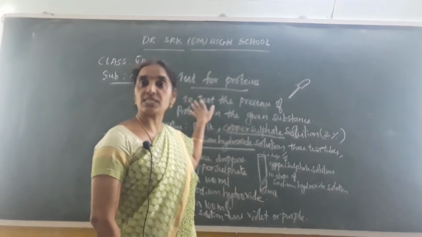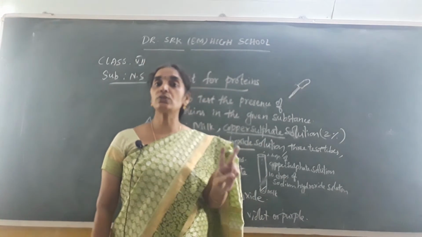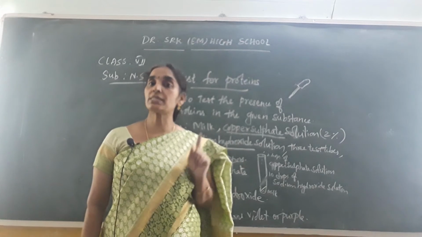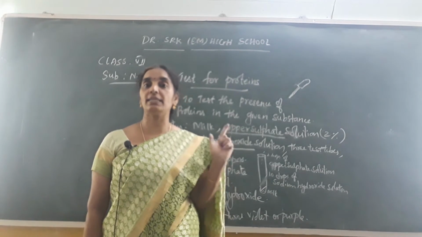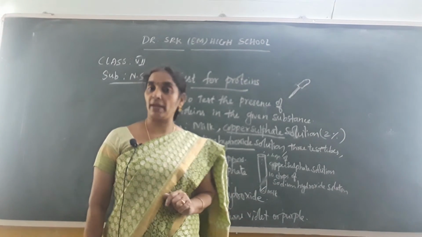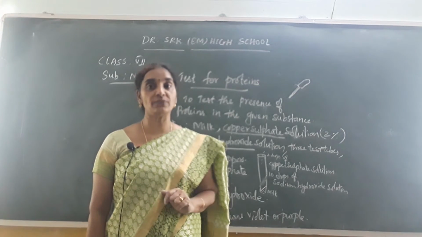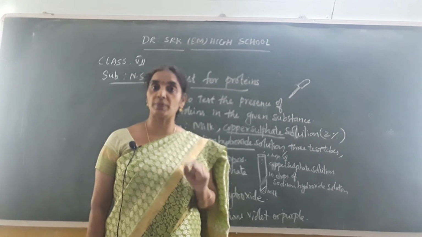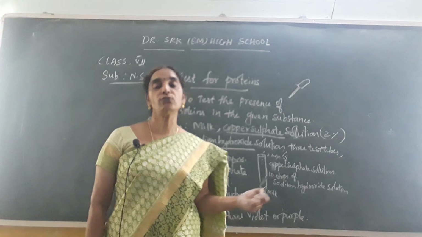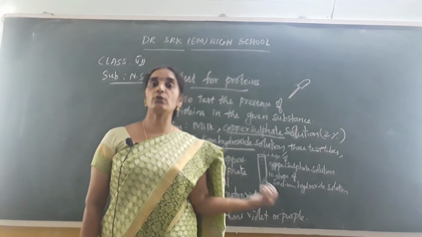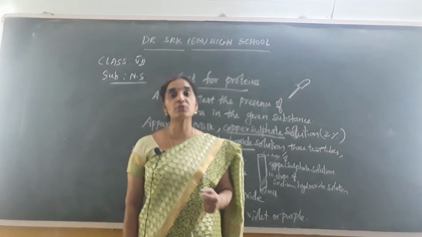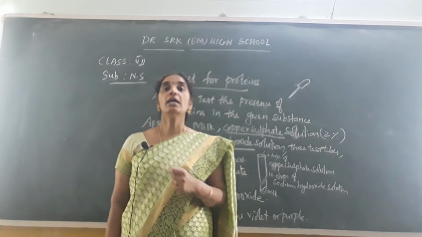Now in the case of the test for proteins, you are taking 2 chemicals, that is 2% copper sulfate solution and the other one is 10% sodium hydroxide solution. 2% copper sulfate solution means 2 grams of copper sulfate in 100 ml of water, and 10% sodium hydroxide solution means 10 grams of sodium hydroxide pellets in 100 ml of water.